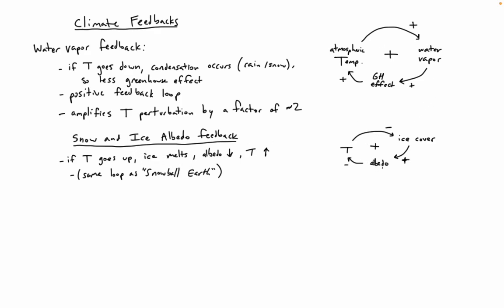So far we've talked about two feedbacks that can destabilize the planet. Since the planet's surface temperature seems to be pretty stable overall, there's obviously negative feedback going on here as well.